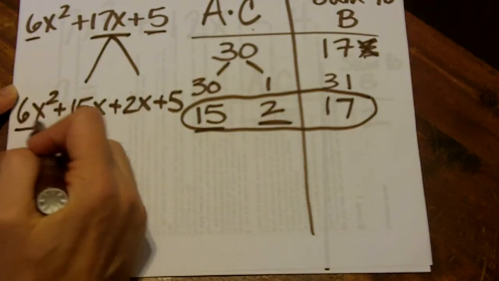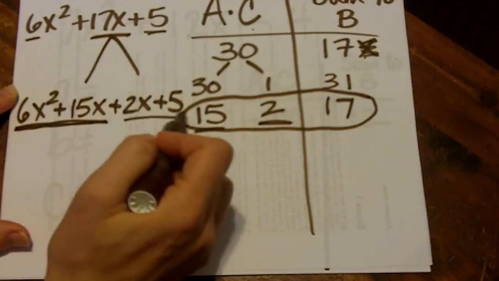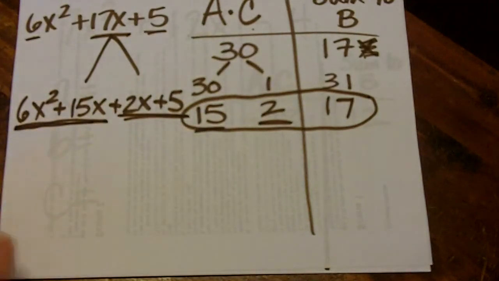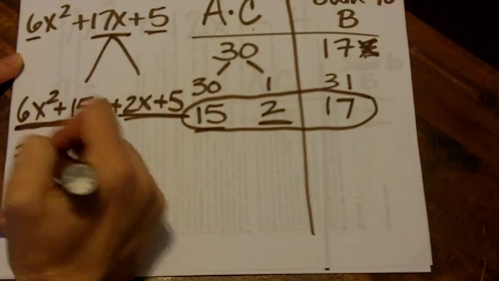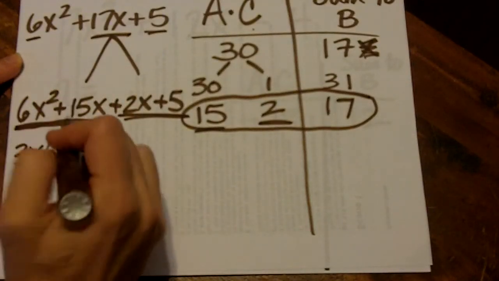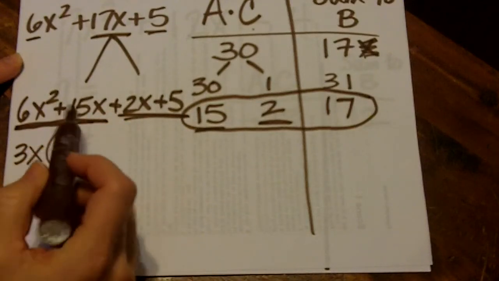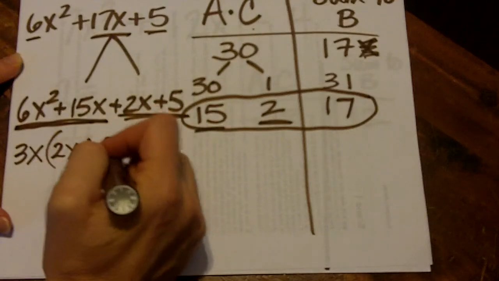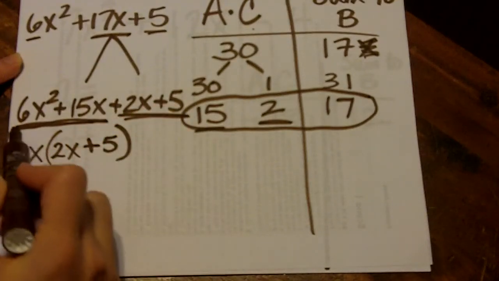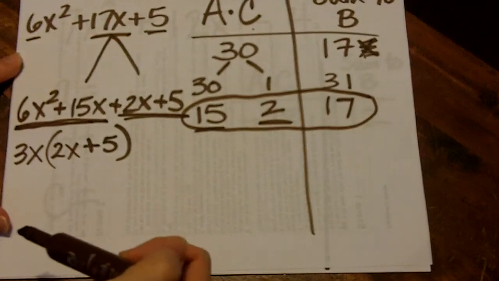And then we're going to take the first two terms and then the second two terms, and we're going to look for a GCF in this first set. So the GCF of 6x squared and 15x is going to be 3x. And you can see that 3x times 2x plus 3x times 5 is going to be equal to 6x squared plus 15x.